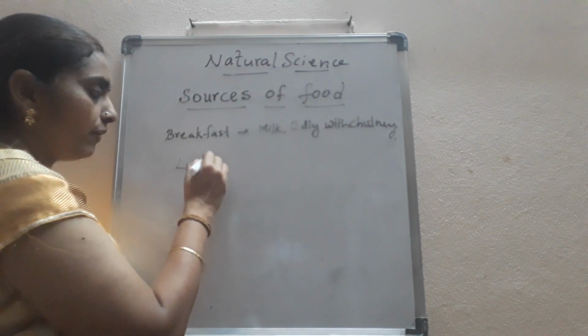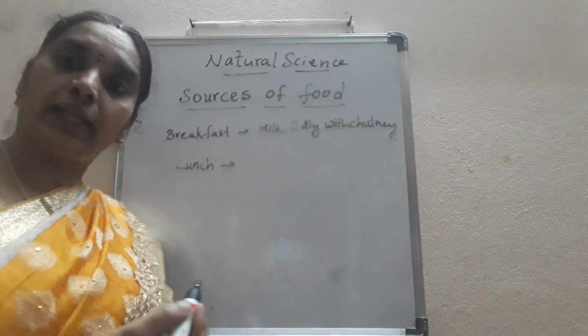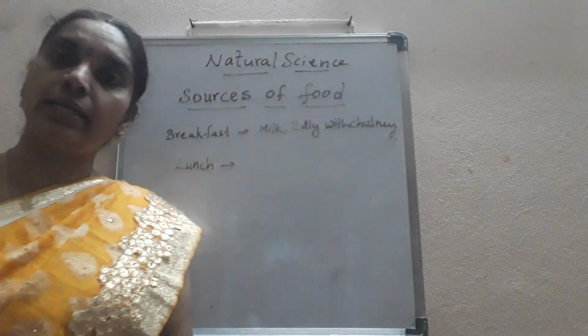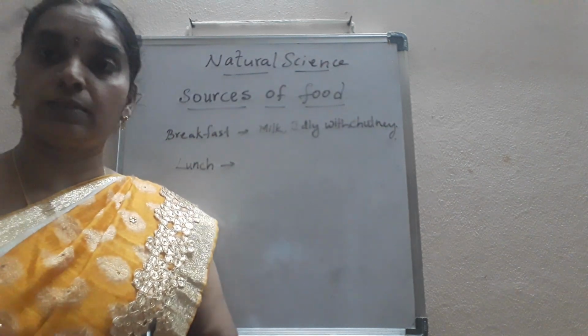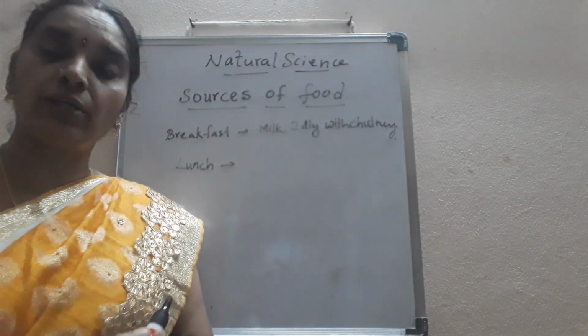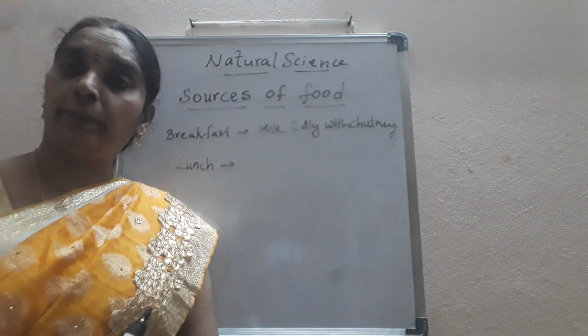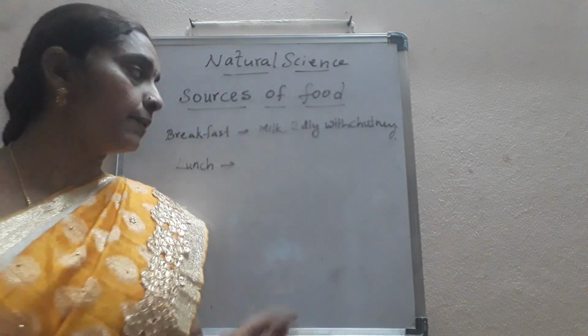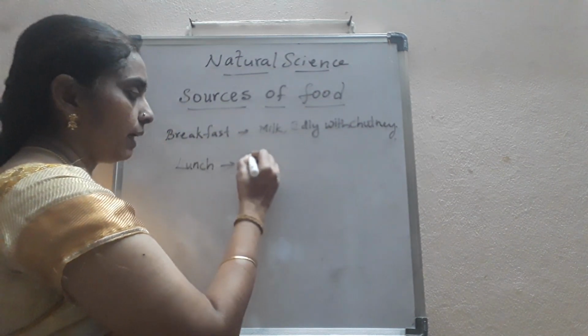Mostly in South India, we prefer to take rice, isn't it? In North India, they prefer to take chapatis along with different types of curries. Both in North and South India, we prefer to take all the varieties of curries, sambar, rasam, papad, everything that is included in our regular diet.